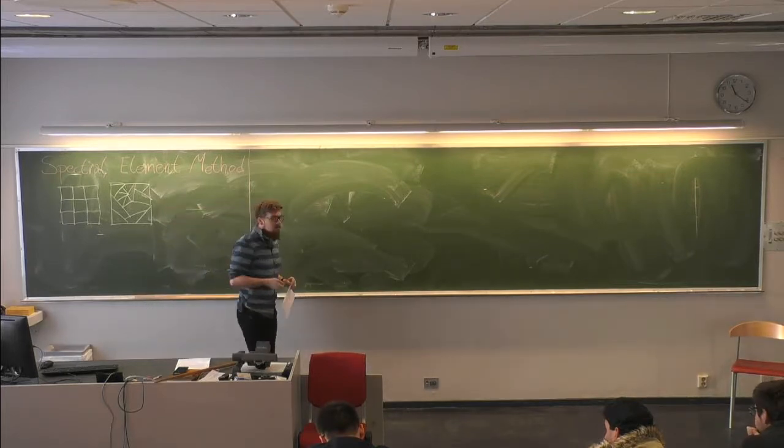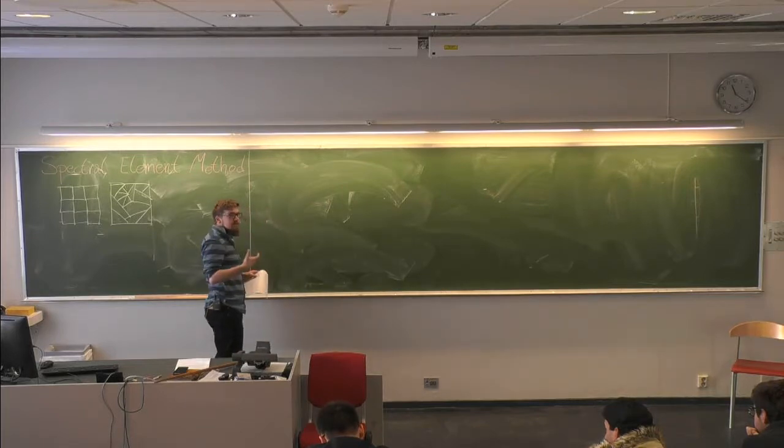As an example, to actually use this, I will introduce the weak solution of the wave equation. I'll use a slightly different wave equation than you have in the project, and I'll explain why.